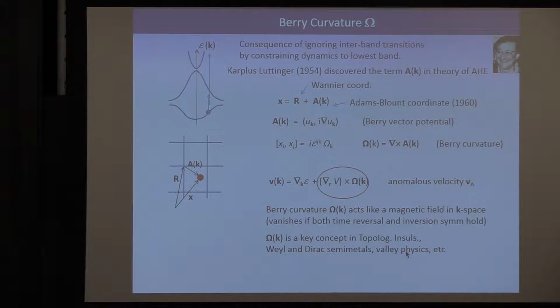You measure current, it always wants to turn sideways because of this fictitious magnetic field. Well, one can show that if you have time reversal symmetry and inversion symmetry working together, omega is always 0. It's suppressed by symmetry. But it's like charge.